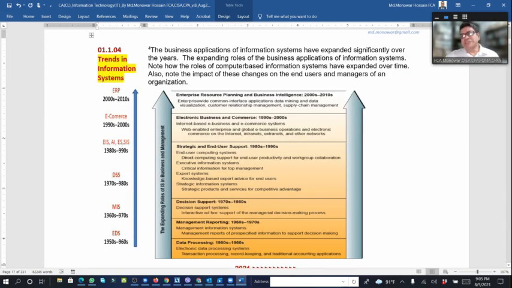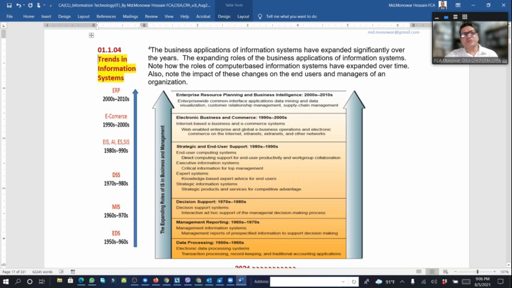Trends in information systems. I think you also know this. Look here, from 1950 to 1960 it was data processing. From 1960 to 1970 it was management information systems. From 1970 to 1980, decision support systems. From 1980 to 1990 there was a huge change: EIS, IS, ES, SIS.